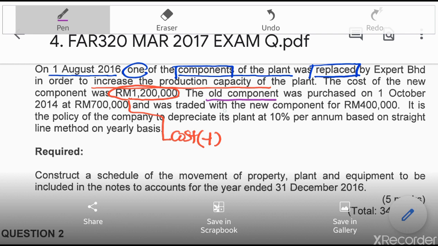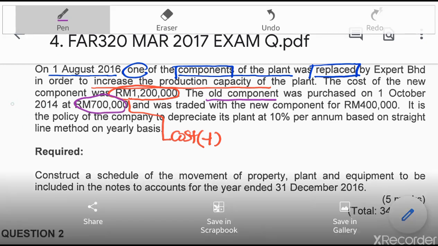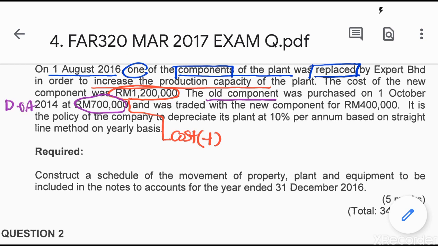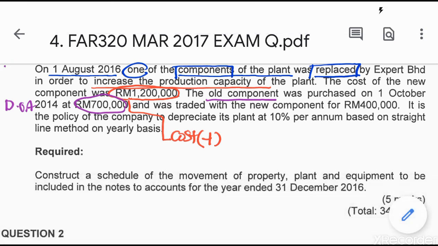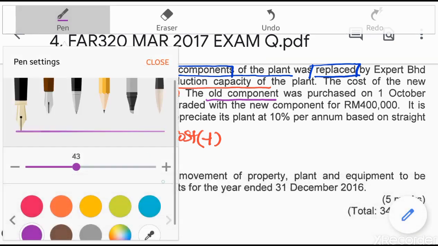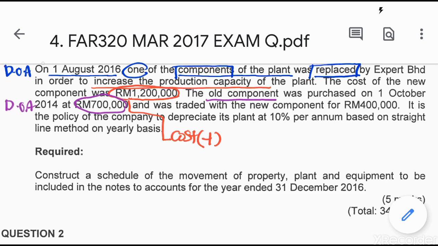The old component was being replaced, and remember just now the old component was being replaced to get the new component, but the cost of the old component was bought back in 2014, so this is the date of acquisition for the old component, where the date of acquisition for the new component was here.